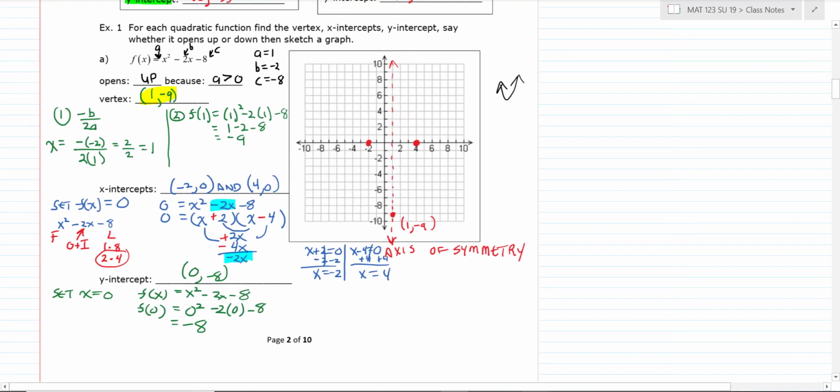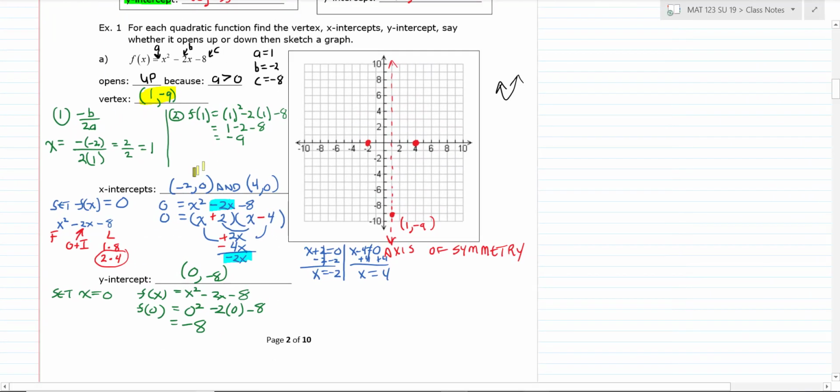Then we'll plot this point, and we've got enough points to make a very accurate graph. Now I want to show you something that happens on a parabola. This is only if you have 1x squared; if this number is not 1, it doesn't work.